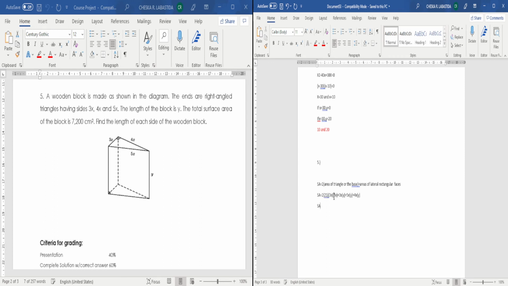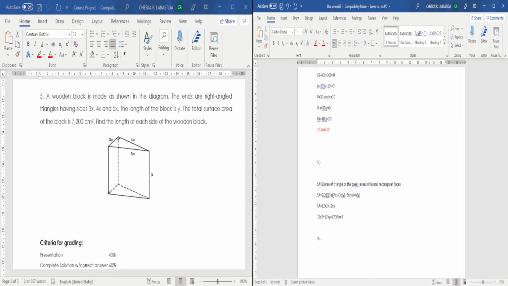So the SA would be 12x squared plus 12xy, and it should be 7,200 cm squared. So that's the total surface area. That's the one.